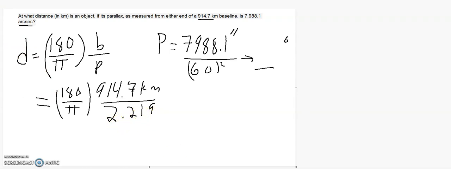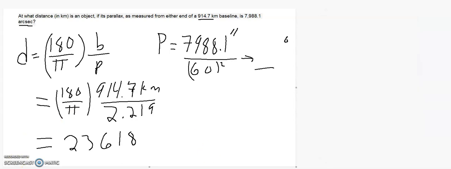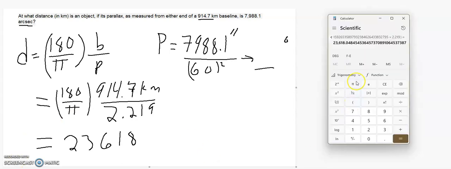So let's take a look at that. There's the calculator, 2.219. So anyhow, let's do this problem. I've already put all this in my calculator. Remember, it's the 180 times the distance, and then in parentheses divide by pi, and then the 2.219.